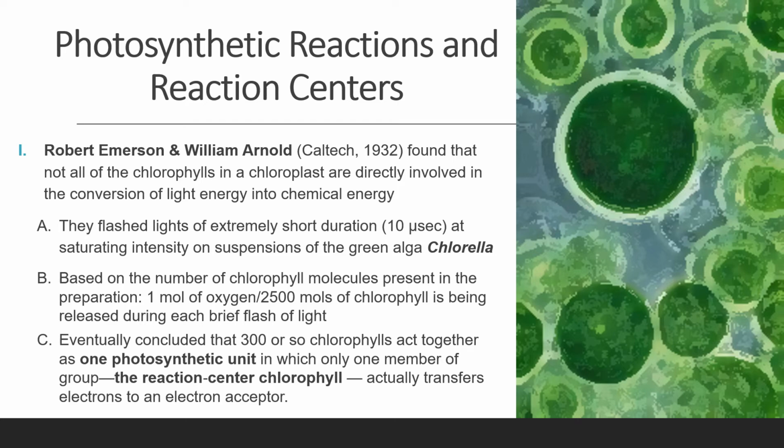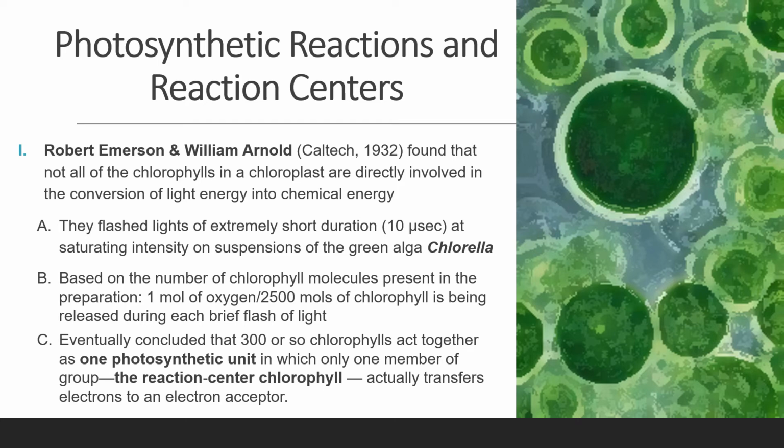Based on the number of chlorophyll molecules present in the preparation, they calculated that one molecule of oxygen was being released during a brief flash of light for every 2,500 molecules of chlorophyll present. In easier terms, if there are 2,500 molecules of chlorophyll, that 2,500 can only produce one molecule of oxygen.